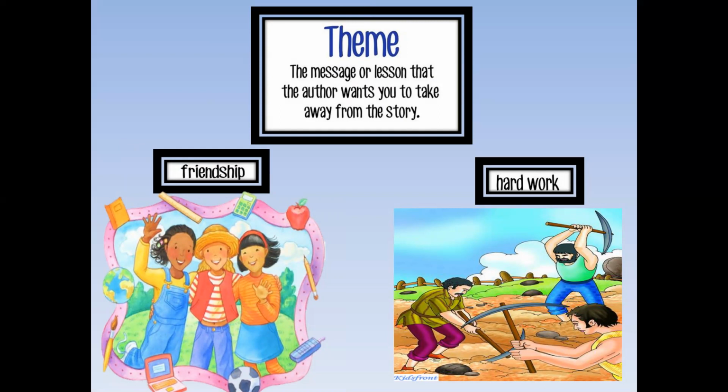So repeat again, the meaning of theme is the message or lesson that the author wants you to take away from the story. Like what? Friendship, hard work, love, equality, courage, and honesty. Okay, so we call these theme examples, right?